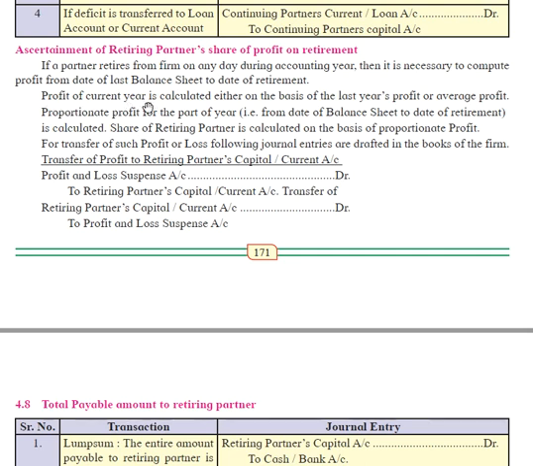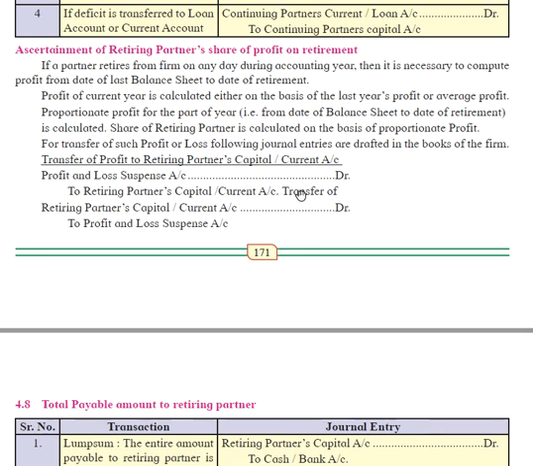The profit of the current year is calculated either on the basis of the last year's profit or the average profit. The proportionate profit for the part of the year, from the date of the balance sheet to the date of retirement, is calculated. The share of a retiring partner is calculated on the basis of proportionate profit, that is, the old ratio and new ratio. So, old ratio.